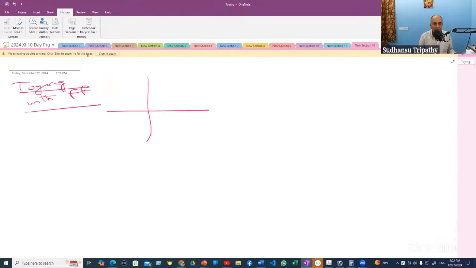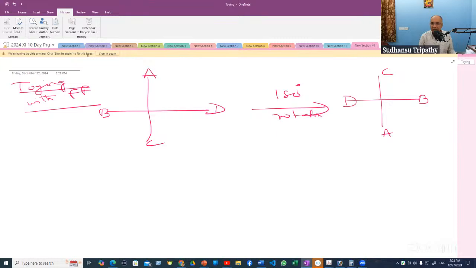Number 1, A, B, C, D. If you make a 180-degree rotation of the model, that means A comes here, C goes up, D comes here, B comes here, then the configuration remains the same.